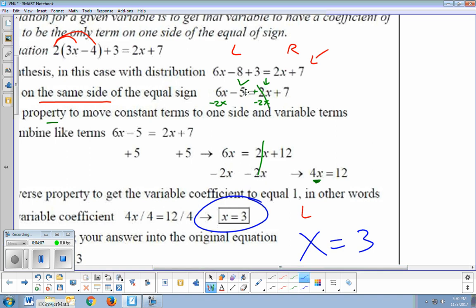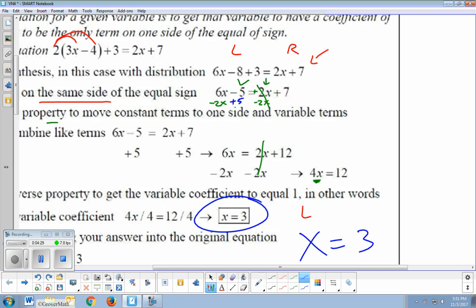For the constants, the -5 and the +7, it's the same thing. Because I want x on the left in this case, I'm moving the x term to the left, so it makes sense to move the non-x term, the constant, to the right. The way I can move this -5 to the right is, again, what's going to cancel it out?